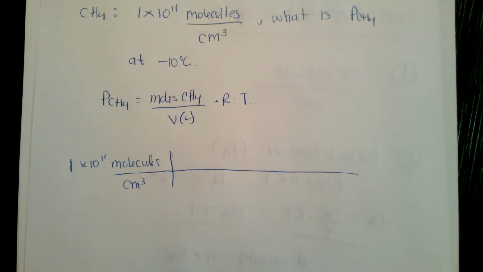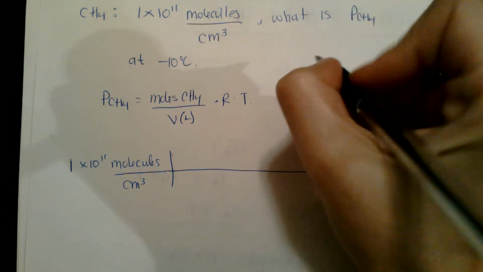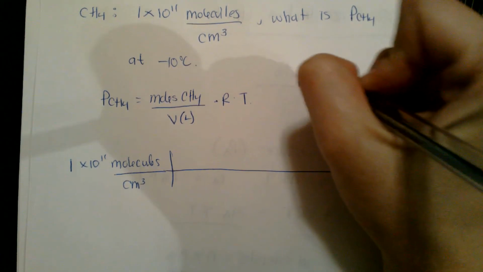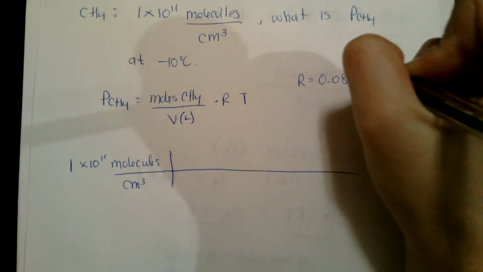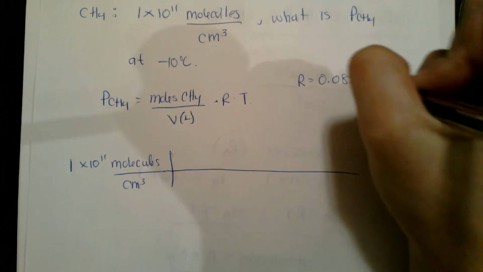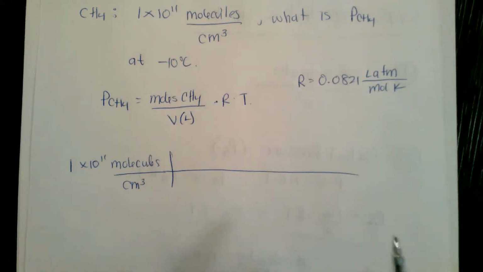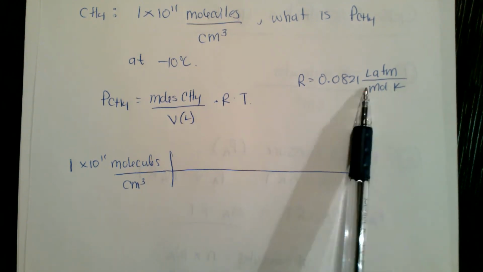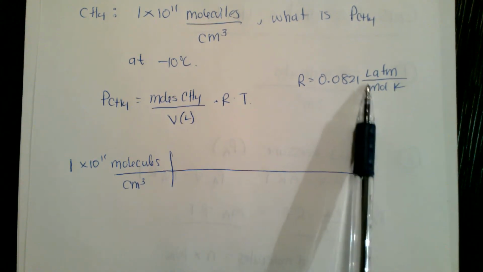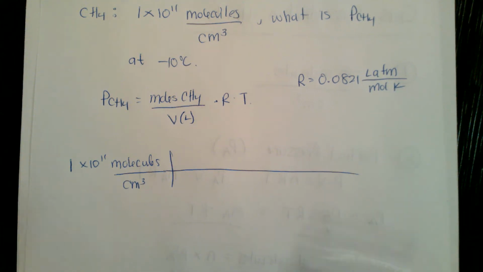So remember our R is 0.0821 liter atmosphere per mole Kelvin. So all of our units need to match up: moles, liters, Kelvin.